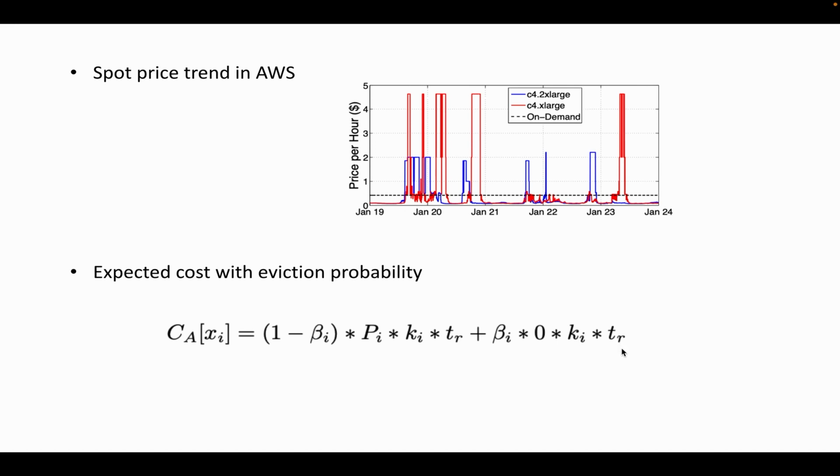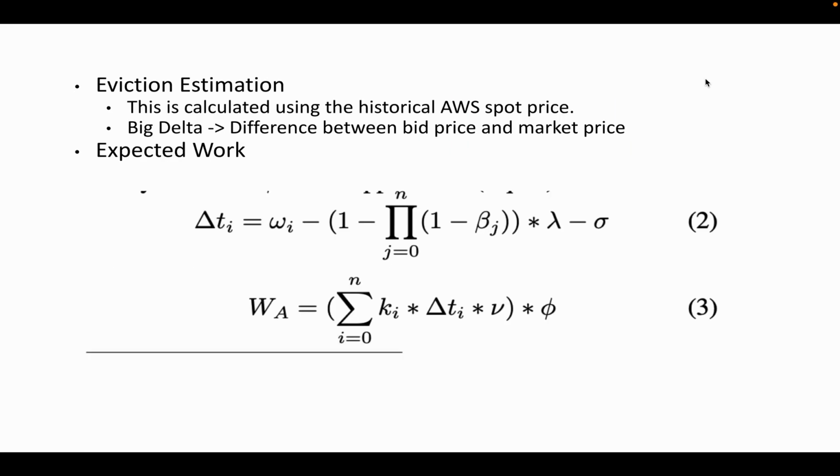So your expected cost is the case where you evict before the billing hour, plus the case where you don't evict before the billing hour, in which case you are charged p_i. That's how you calculate the expected cost with eviction probability.